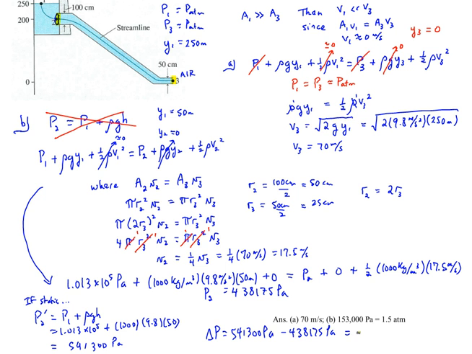And that gives you a pressure of 153,125 pascals, which can be converted to about 1.5 atmospheres. So that's the difference between the intake pressure, which is right here, versus what the hydrostatic pressure would be if the fluid was not moving. Okay, and that's it for example number 9.